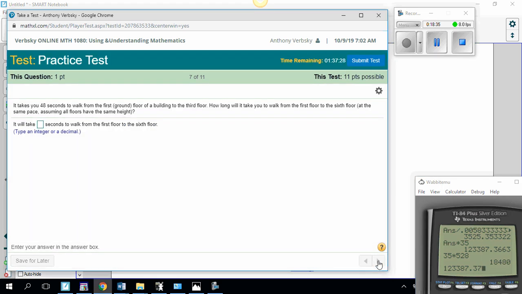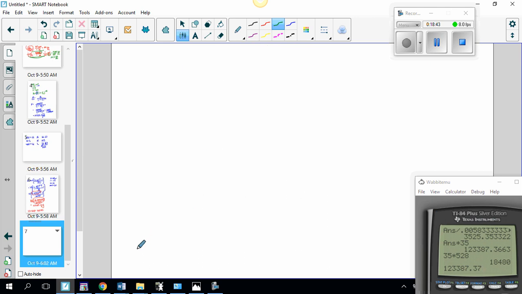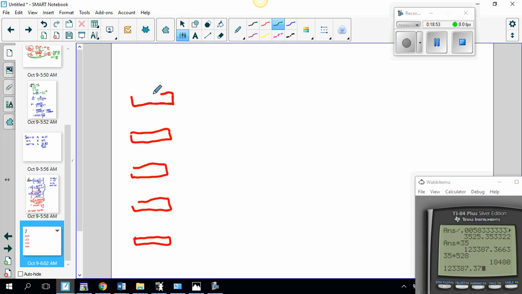48 seconds to go from the first to the third floor. How long to go to the sixth? So you got first floor, second floor, third floor, fourth floor, fifth floor, sixth floor. 1, 2, 3, 4, 5. You can only go up 5.